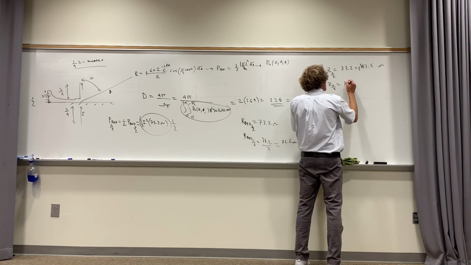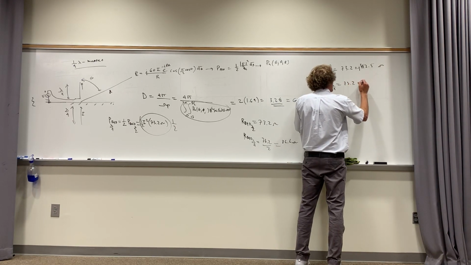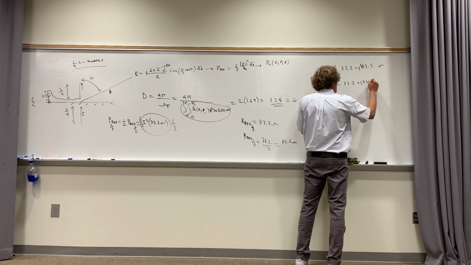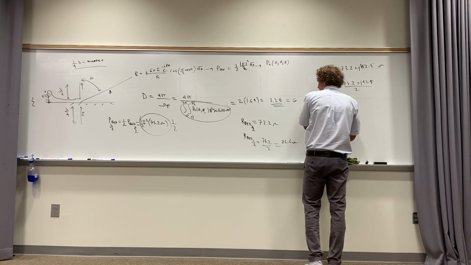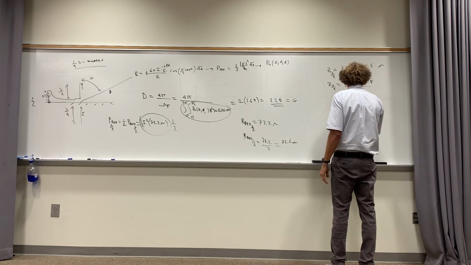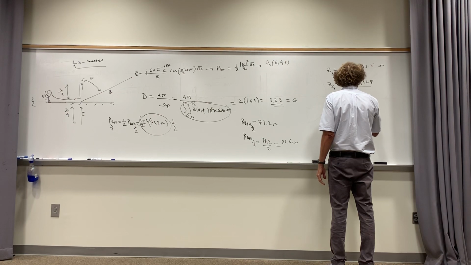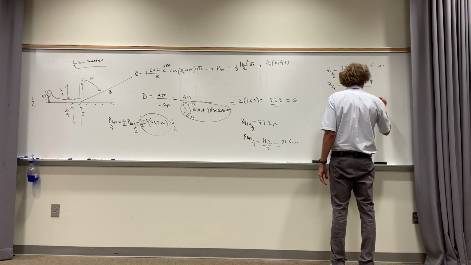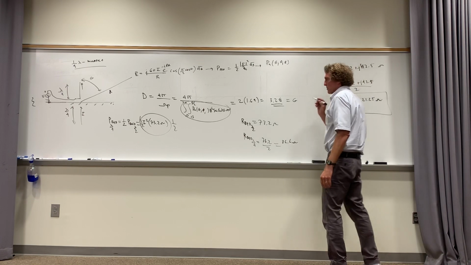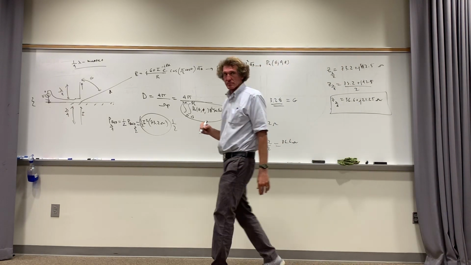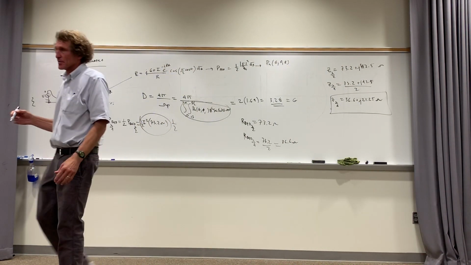So it's 73.2 plus j42.5 divided by 2, and that's what, 36.6 plus j21.25 ohms, and that is the actual impedance of the lambda over 4 monopole. That's how you do it.